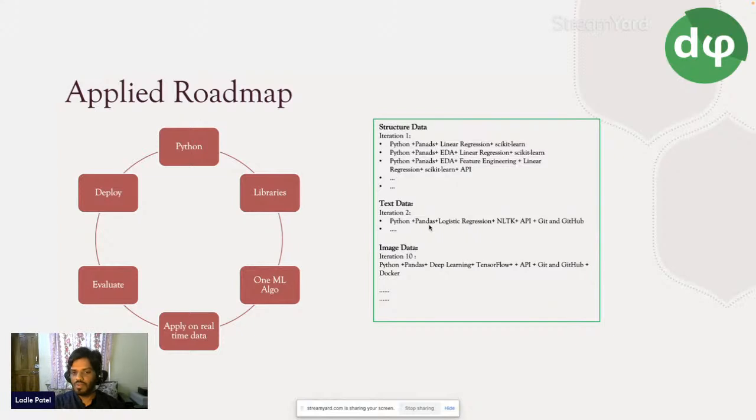Now you choose NLP, build a sentiment analysis on a text data set. Again, use logistic regression here. But if you took 1.5 months here, you will take only 15 to 20 days here, because you reuse some of the learnings from before. You don't start from scratch again. And then switch your gaze towards the image data set.